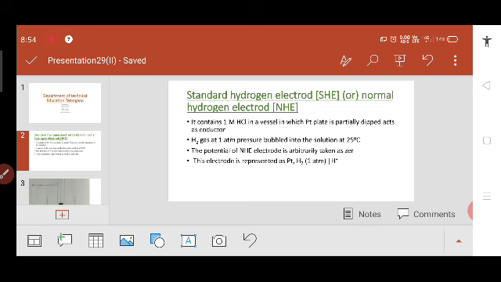In this session, an important question: what is the standard hydrogen electrode or normal hydrogen electrode?